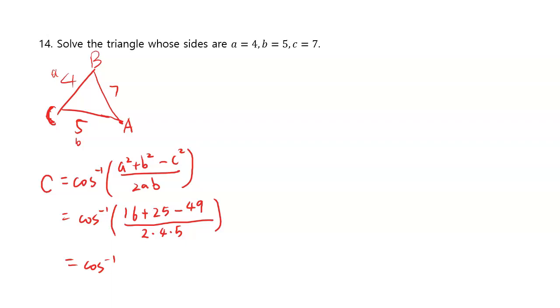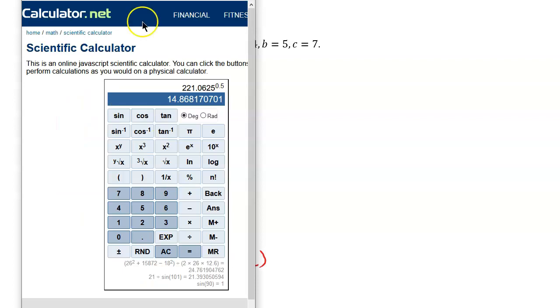Let's see, what is this? That's 41 minus 49, that's negative 8, so that's negative 8 over 40, but that's negative 0.2. So you're doing cosine inverse of negative 0.2. See, that's actually easier than punching things in the calculator.